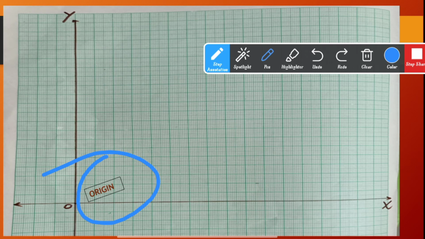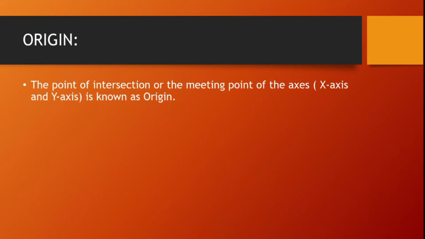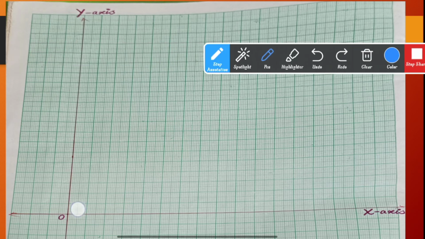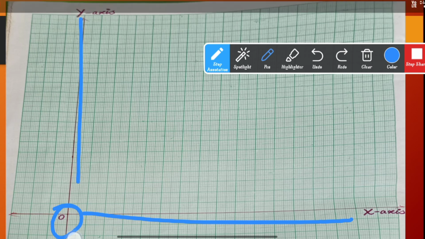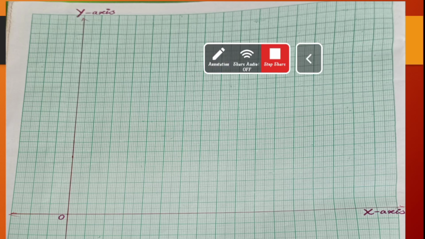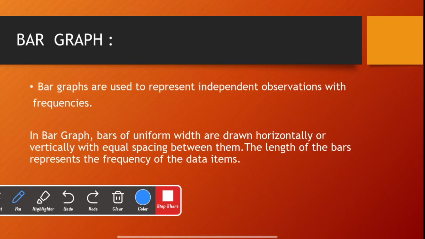It is the point of intersection, or the meeting point, of the axes, and is denoted by capital O. Axes means x-axis and y-axis. Like this, at point O both the x and y axes are meet here. It is the origin.